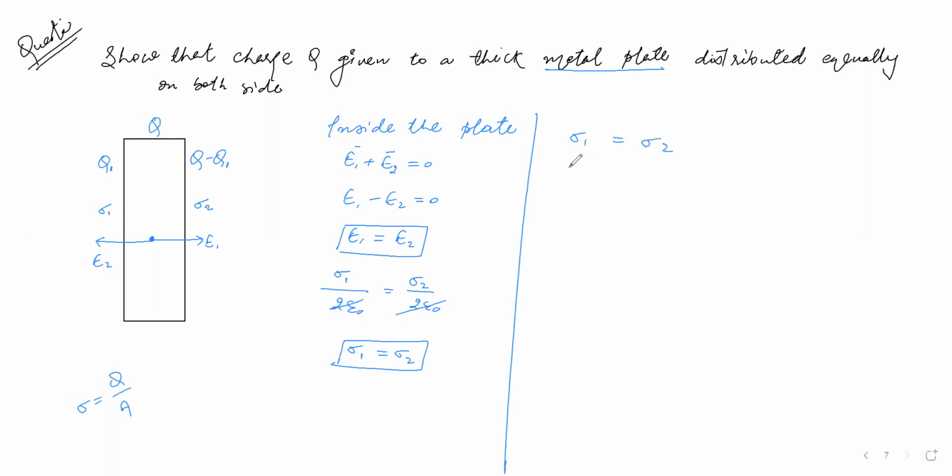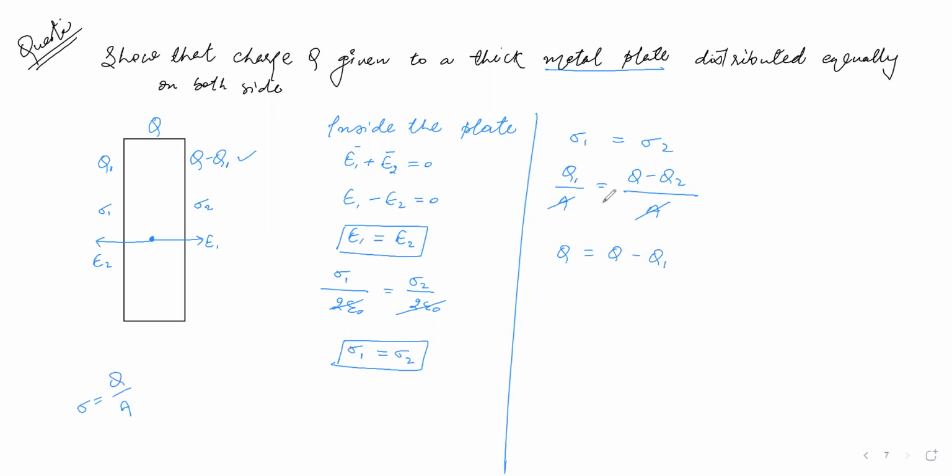For sigma 1, we can write Q1 over A, because the charge for sigma 1 is Q1 and the area is A. Similarly, for sigma 2, the charge is Q minus Q1, which we have taken here, over the same area A. The area will cancel.